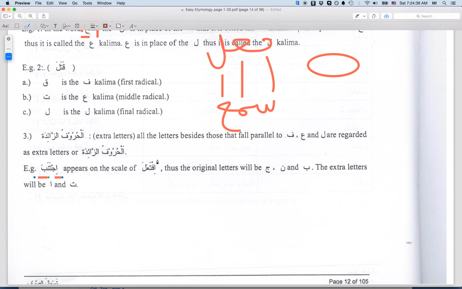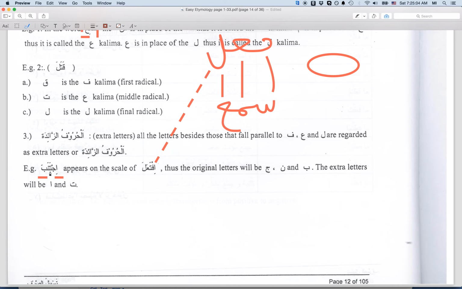See, even ifta'ala comes from fa'ala, because if you look inside ifta'ala, there's a fa, there's an ain, there's a lam. The alif is just kind of displaced. It's a different verb derived from fa'ala. So ijtanaba will appear in the scale of ifta'ala.